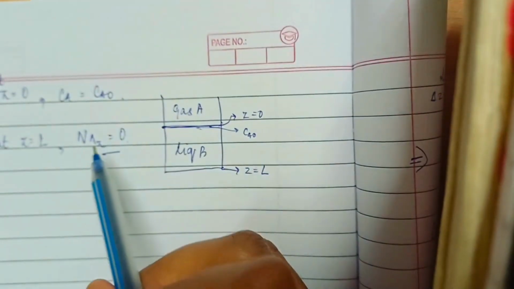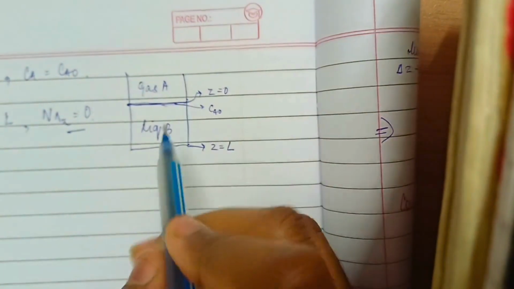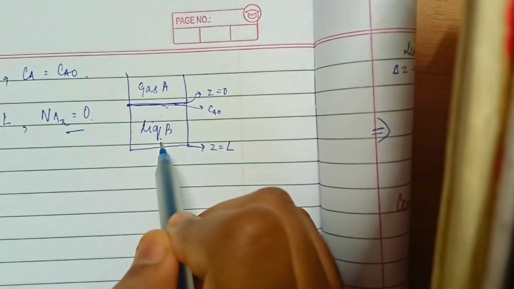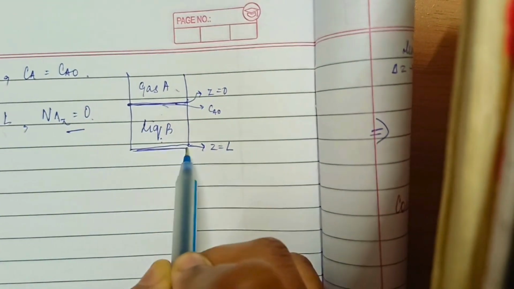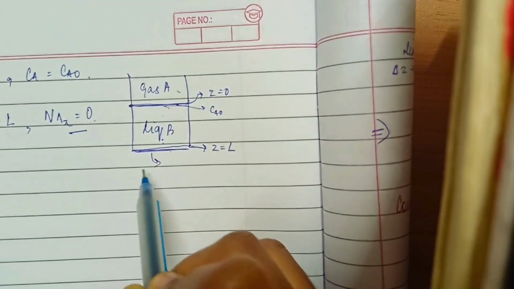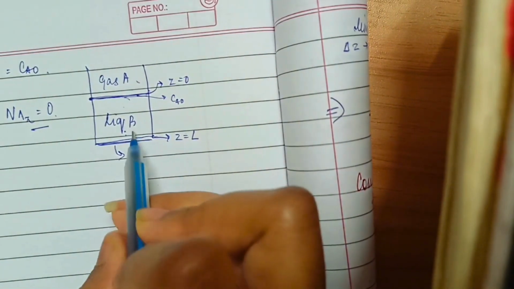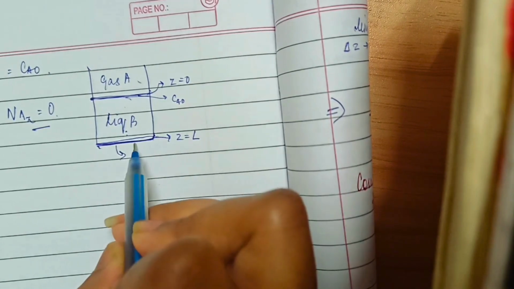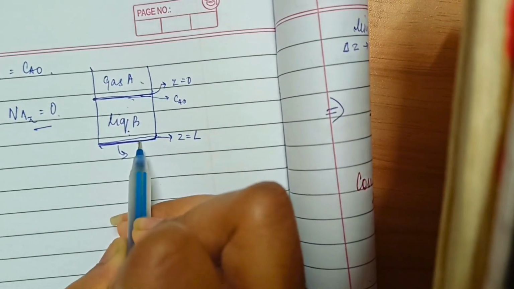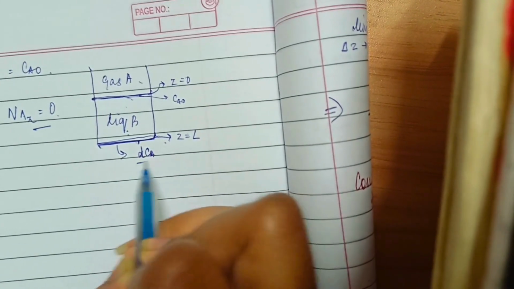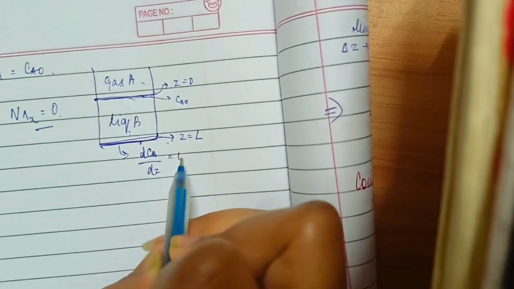This second boundary condition is because no A diffuses through the bottom of the container at Z is equal to L. So due to very little or no A diffusing into the lowest point of the beaker, that is Z is equal to L, the term dCA by dZ turns out to be 0.